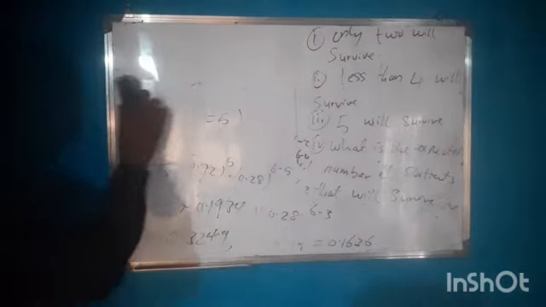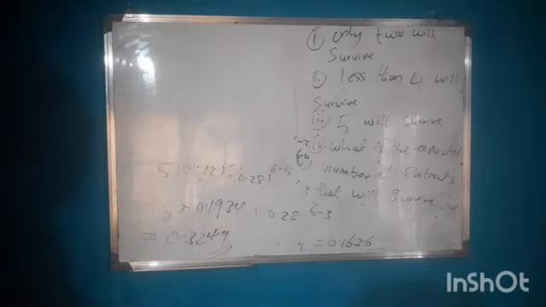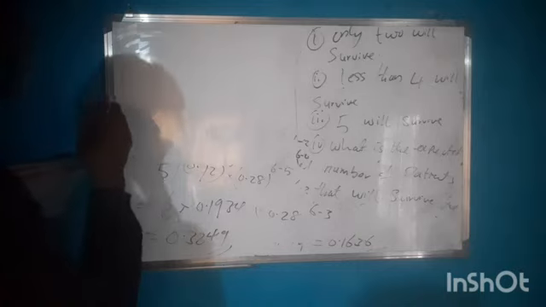Okay? Now the final question says, what is the expected number of patients that will survive the surgery? You know, for a binomial distribution, the expectation of a random variable is equal to np.